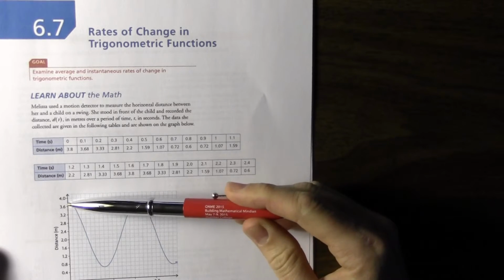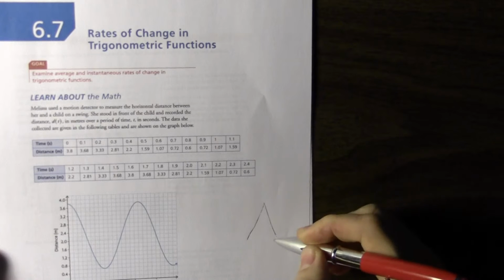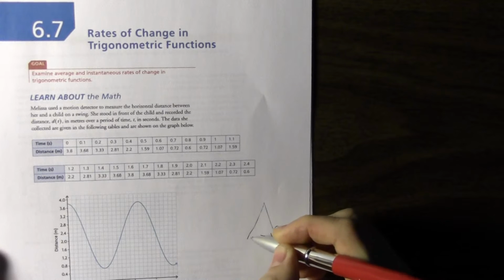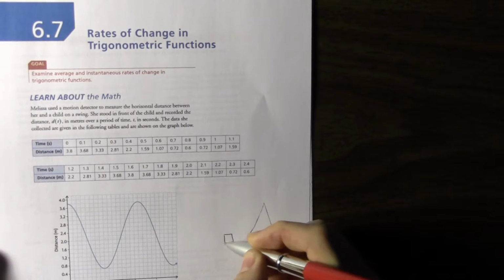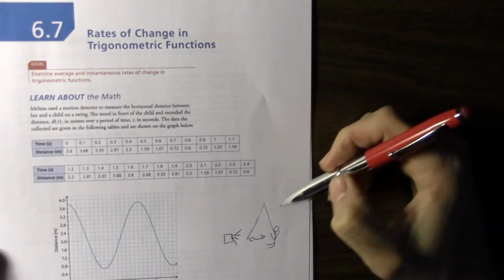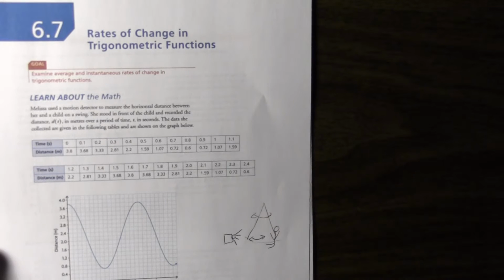You can imagine a child swinging back and forth on a swing. And here's your motion detector. Okay, so this swing is going like this, towards, and then away.